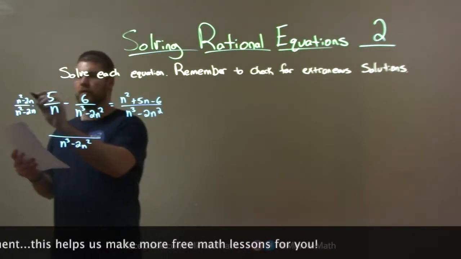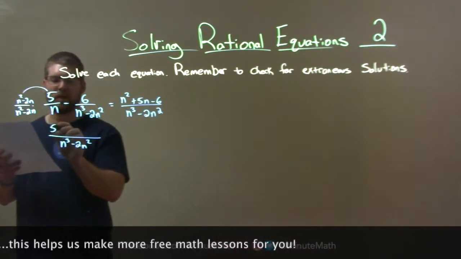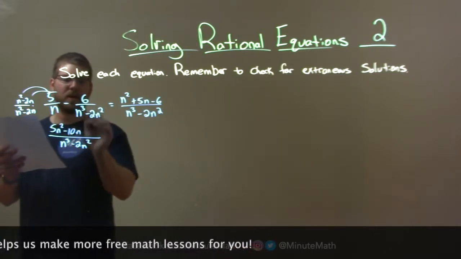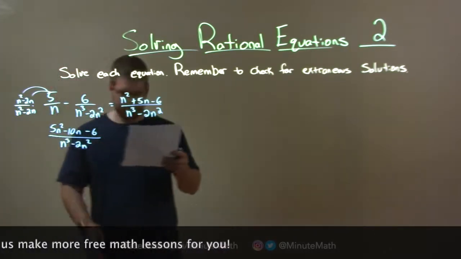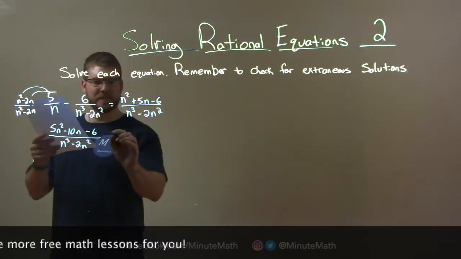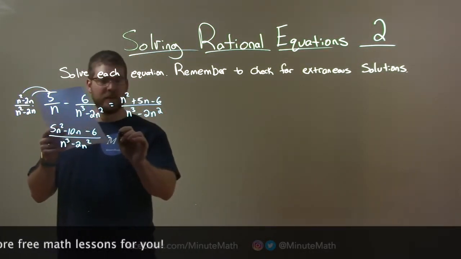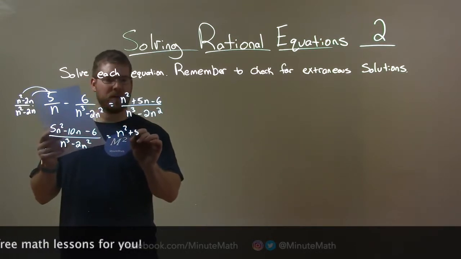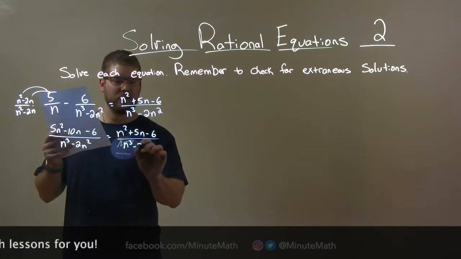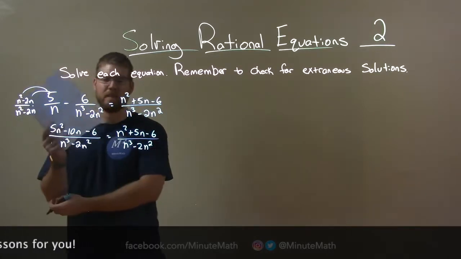And the numerator, well, 5 times n squared is 5n squared. 5 times minus 2n is minus 10n. And here we just have a minus 6. Right-hand side is just what we have here: n squared plus 5n minus 6 over n to the third minus 2n squared.